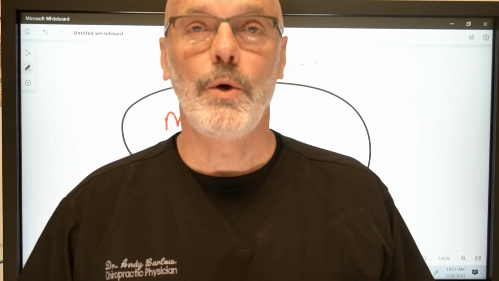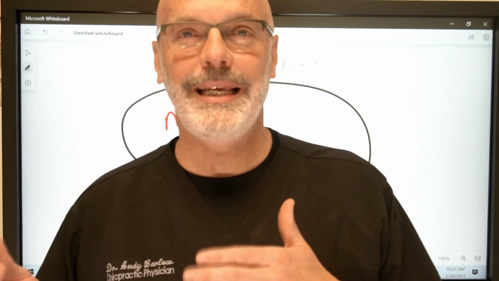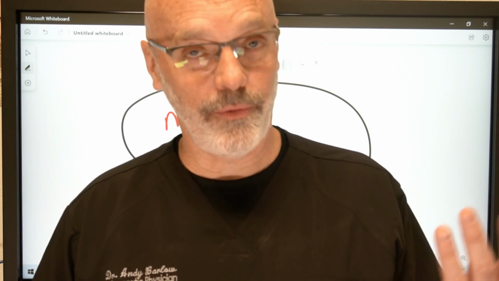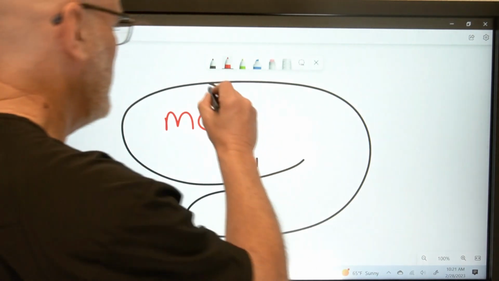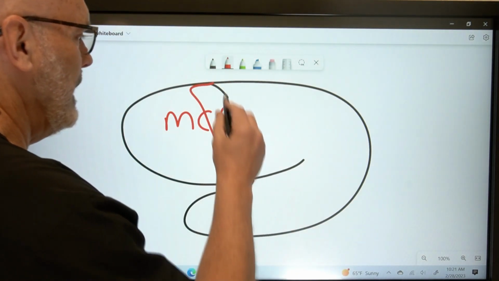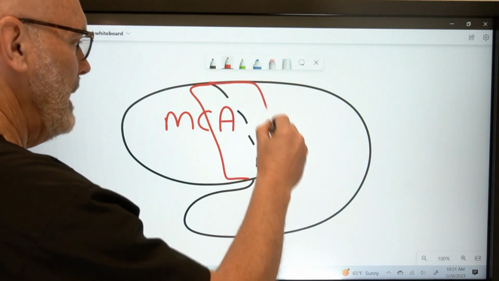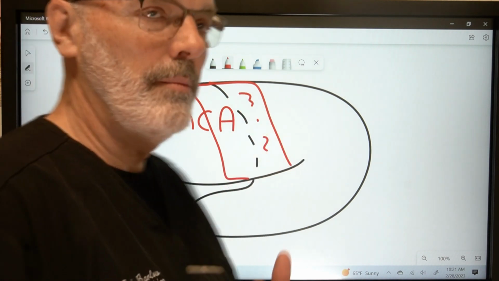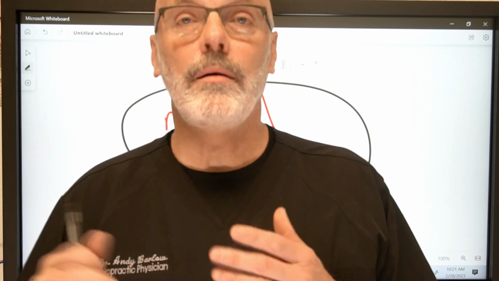Now we need to understand the homunculus, because the primary motor cortex, area 4, is in the frontal lobe, and back here in our parietal lobe, areas 3, 1, and 2, together have what is called a homunculus.